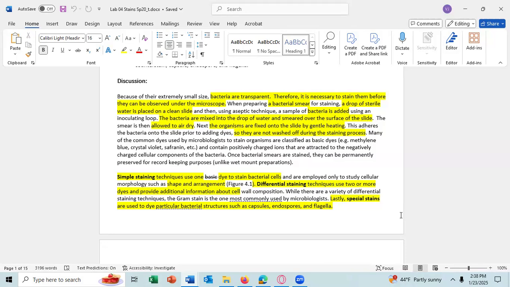When preparing a bacterial smear for staining, first, add a drop of sterile water on the clean slide, and then you add a small amount of bacteria in the drop of water. You mix the bacteria in the drop of water and then smear that over the surface of the slide, allowing the slide to air dry.